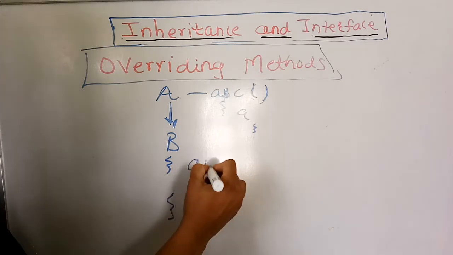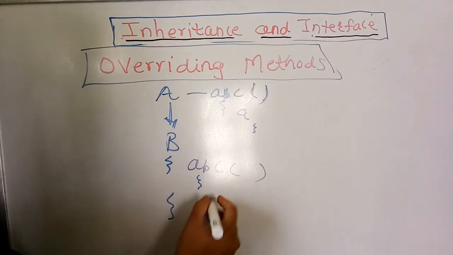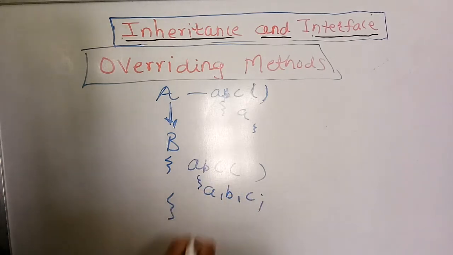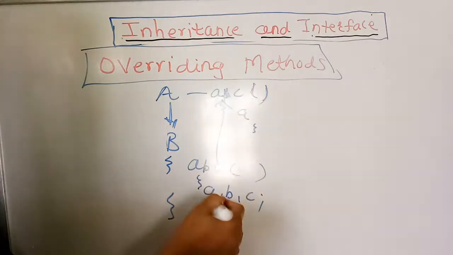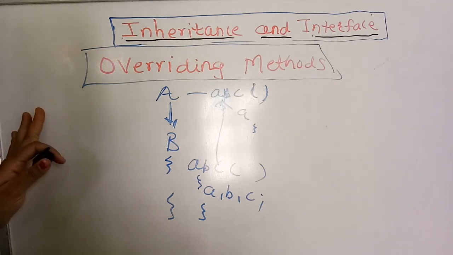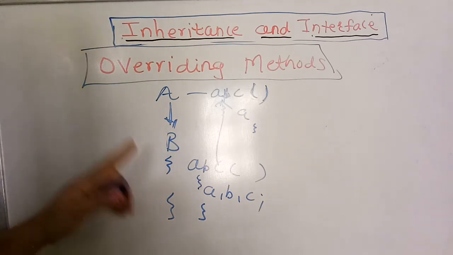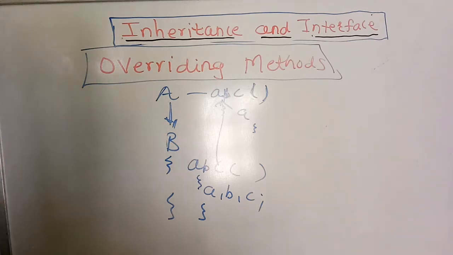For example, the same method name ABC accepts three numbers. Names are the same but mechanisms are different. We know this as function overloading. But when it is used with classes in the derived mechanism, it is known as method overriding.